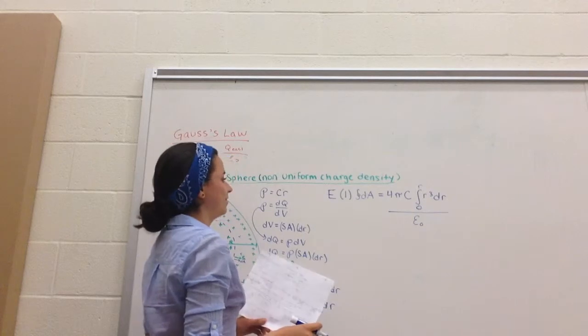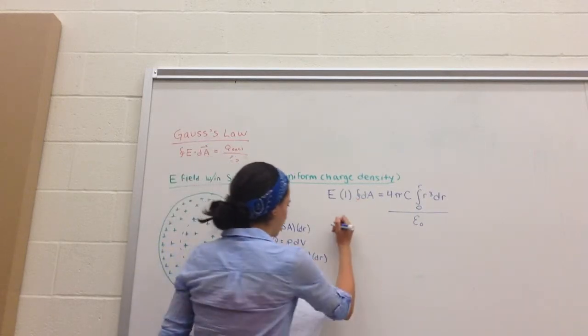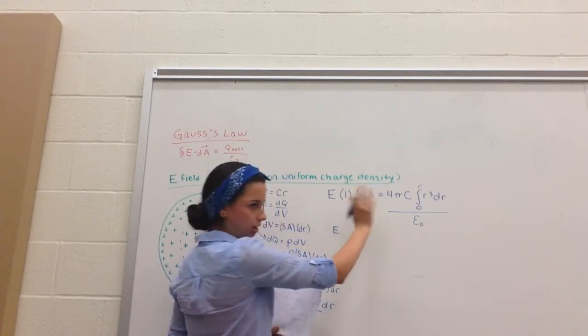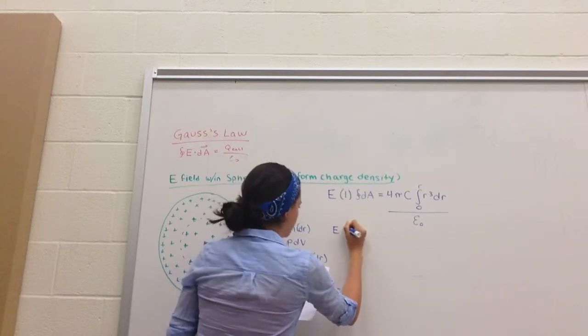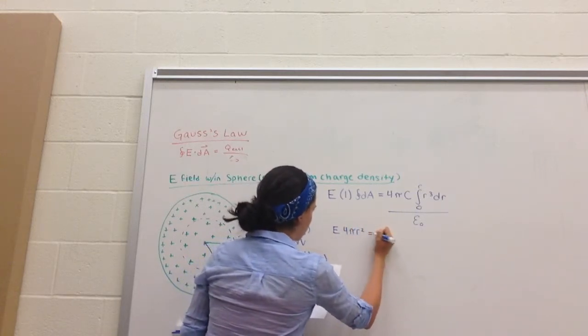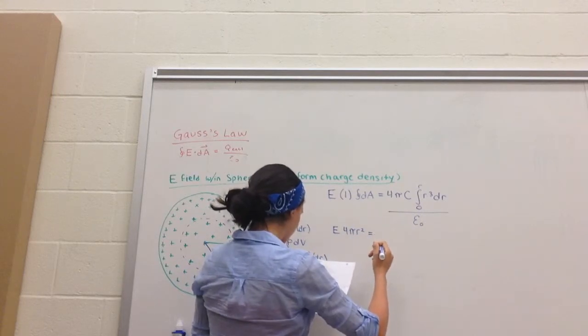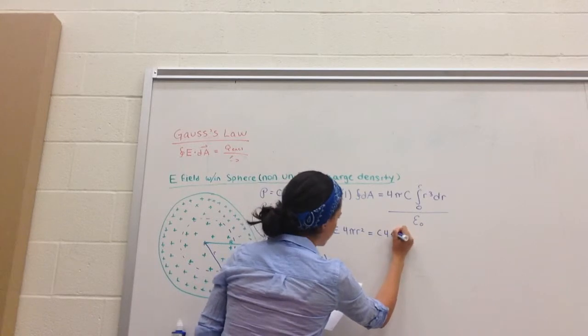And now comes the fun part. We can cancel some stuff out after we sub in for dF. So E, I'm just going to get rid of that 1. We know that anything multiplied by 1 is itself. E times 4 pi r squared equals c times 4 pi.